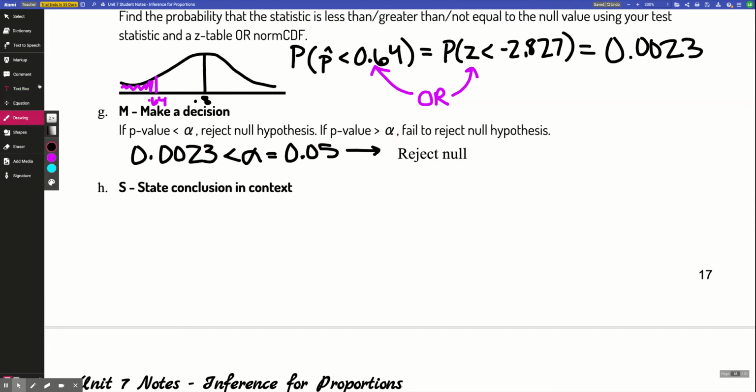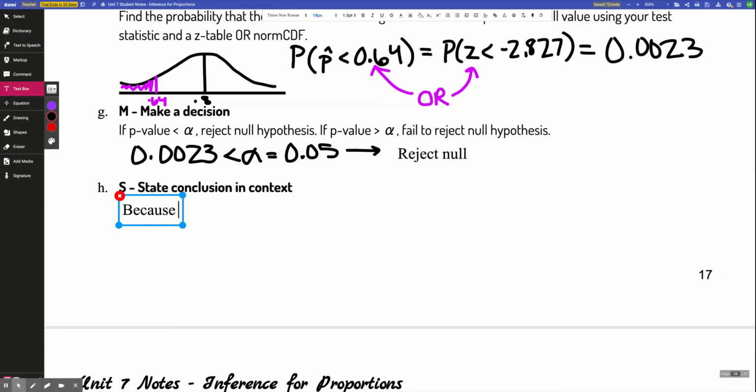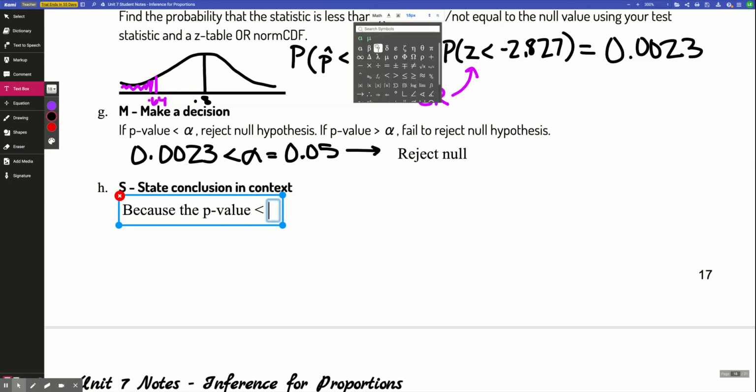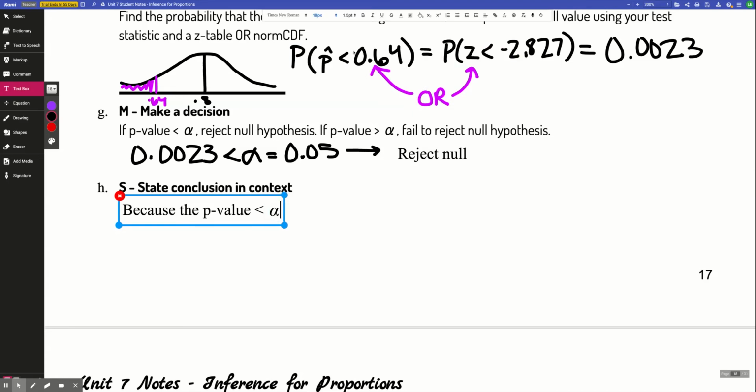So then the last thing is to state your conclusion in context. This is where you use your word formula. So you would say, because the p-value is less than alpha, we reject the null.